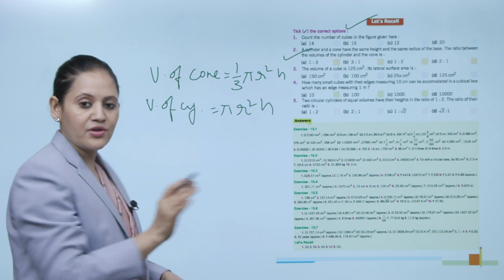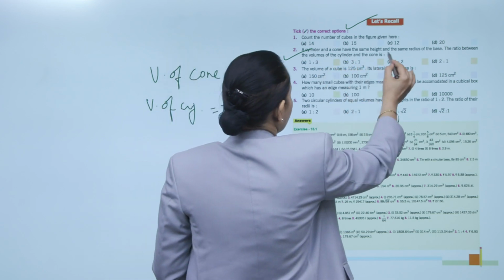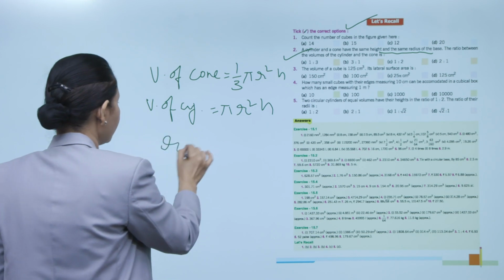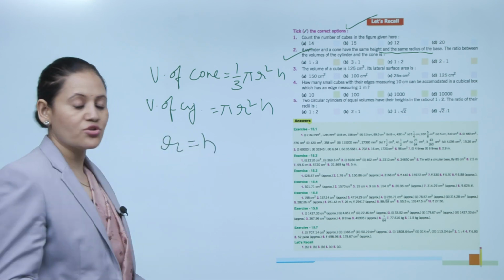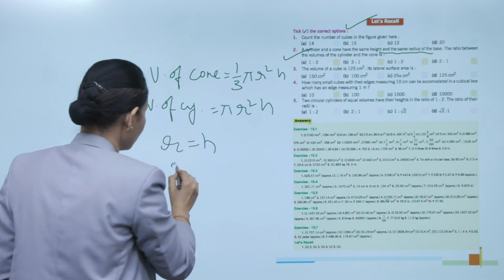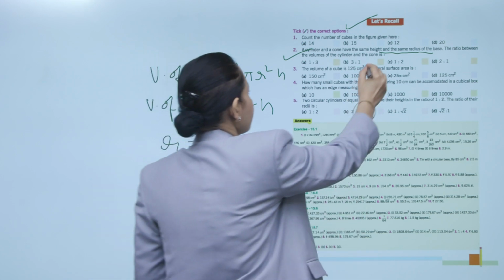So here we know that they have the same height and same radius. So what will the ratio be? 3:1. Clear? So here B is the correct option.